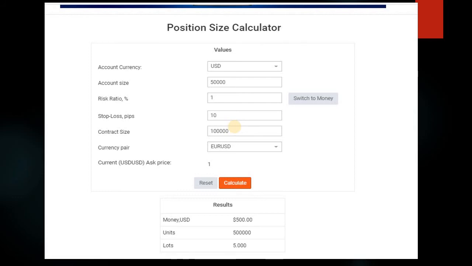As you can see, this is how simple it is. We have the account currency, the currency in which your account is expressed. Most likely it is in United States dollars. Then the next item there is your account size, which for instance is $50,000. The next item is your risk ratio, which is 1%, and your stop loss pips is 10.